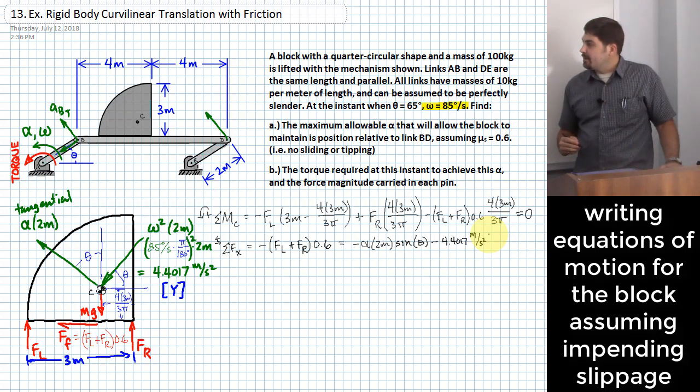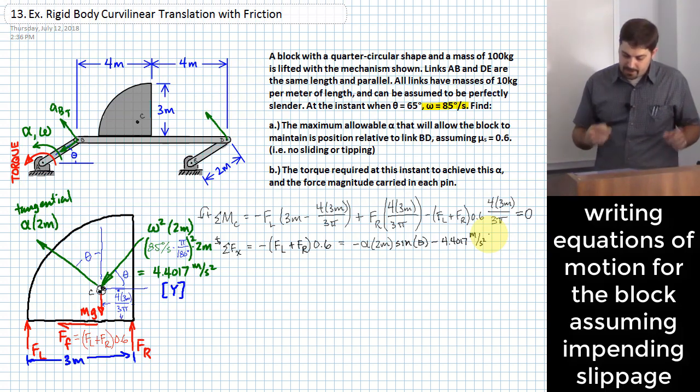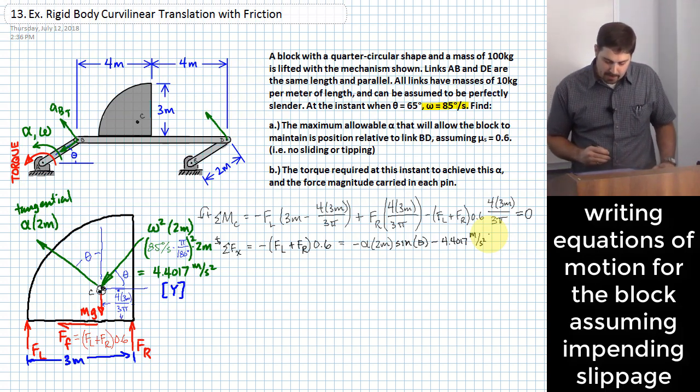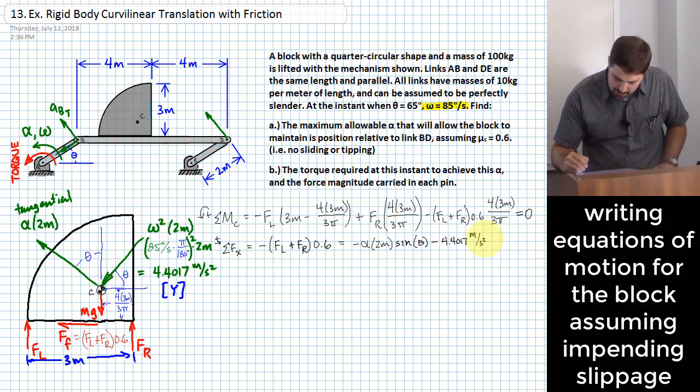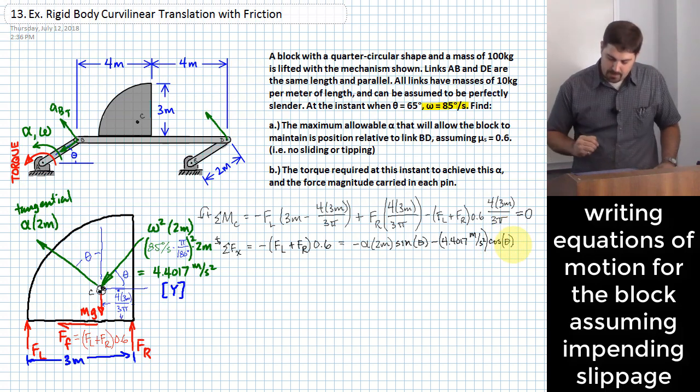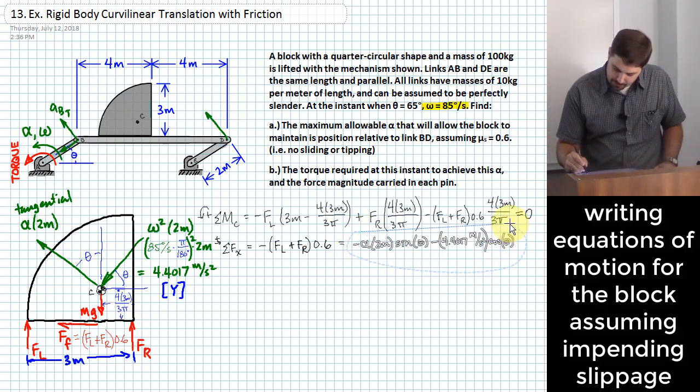What do I want? Just the component that points in that leftward direction, so I would need to multiply this by the cosine of theta. All right, I'm running out of room. Let me go down to the next line.